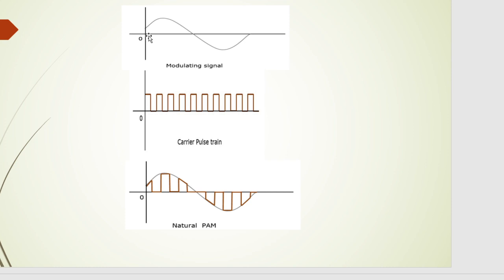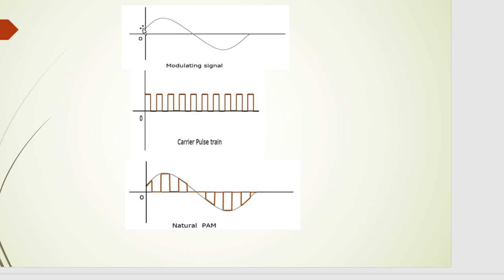So here we can say that when the amplitude is positive or increasing, the pulse amplitude is increasing. And when the modulating signal amplitude is decreasing, the carrier pulse amplitude is decreasing. So the shape of this envelope, the shape of this PAM waveform, will be exactly the same as that of the modulating signal.